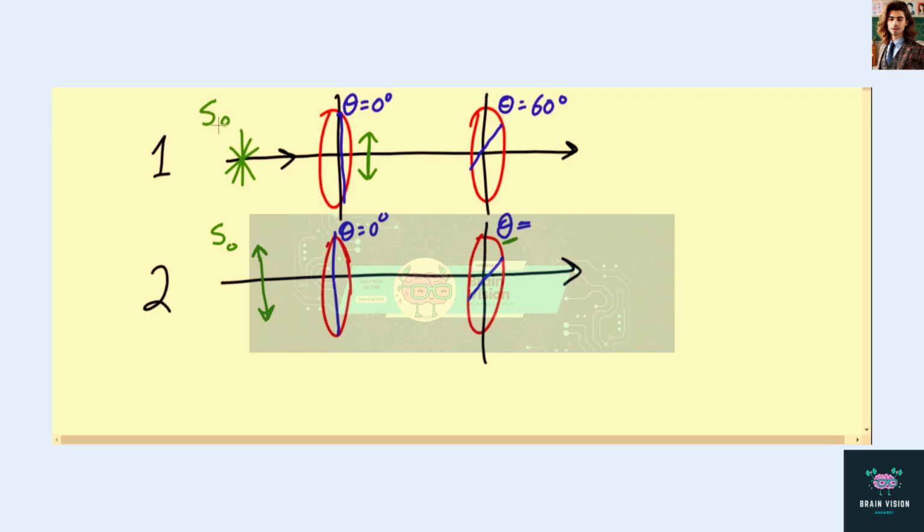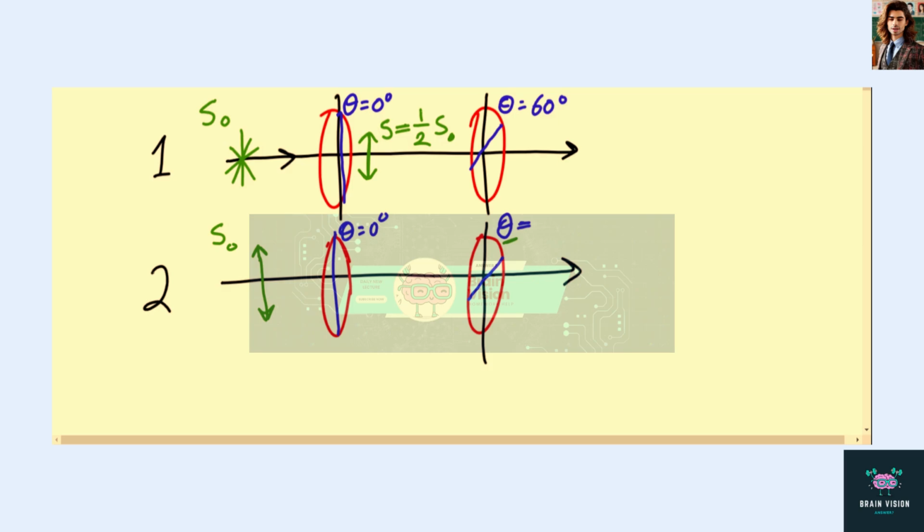It's got an intensity S0 of unpolarized light. After it passes through the polarizer, that intensity is now going to be 1/2 of what its initial intensity was. And that's true regardless of what theta is, just because with unpolarized light, always half of it will get through the polarizer, the other half will not. So the intensity, 1/2 the initial intensity, is now incident on the second polarizer.